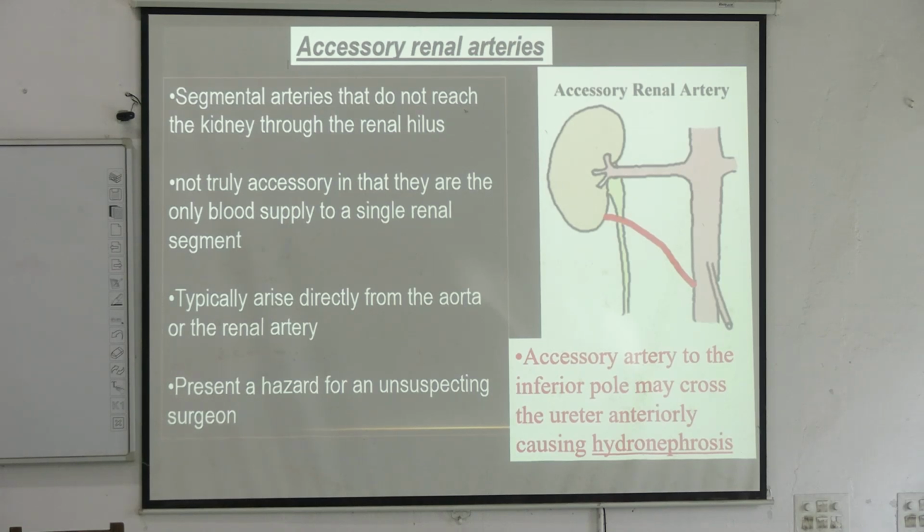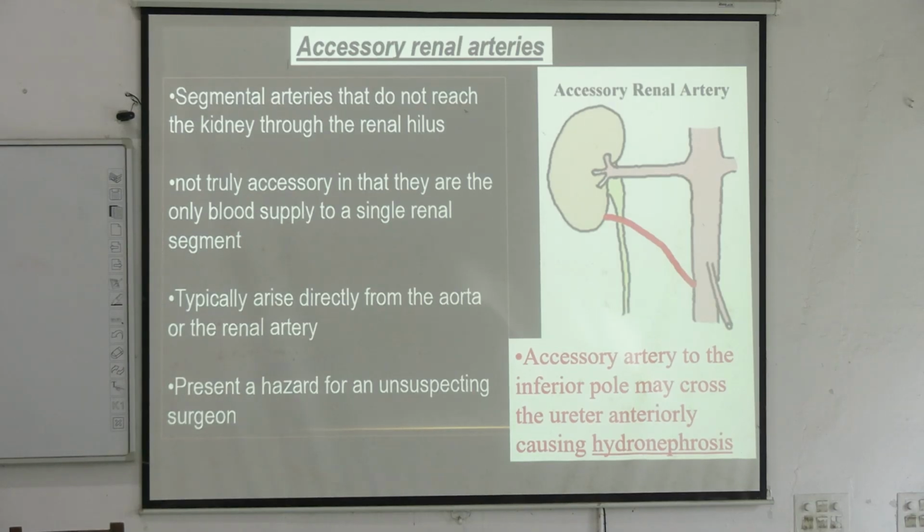So the kidney is supplied by accessory arteries in the lower pole, and it is the only source; it may or may not have renal arteries supplying it. So accessory arteries are a trouble for surgery, that's for sure. But it could be more trouble if that is the only source feeding the kidney. That's what you have to keep in mind.